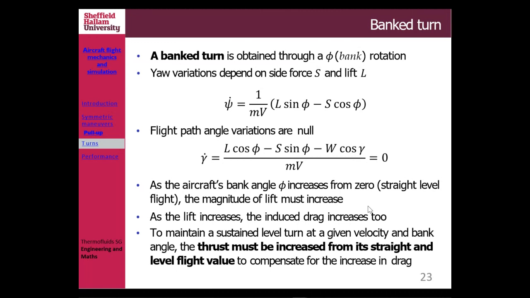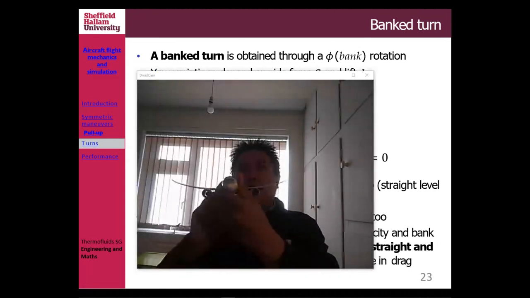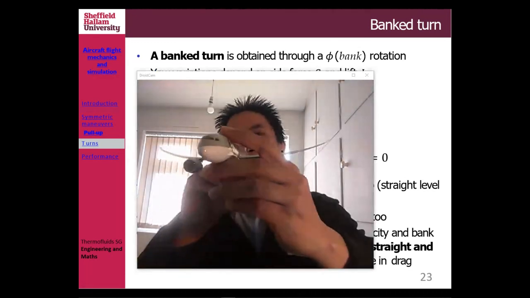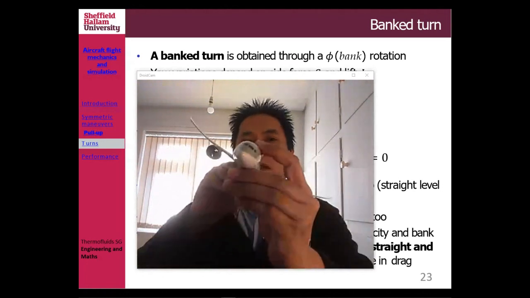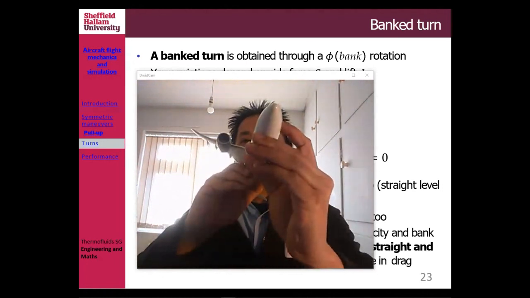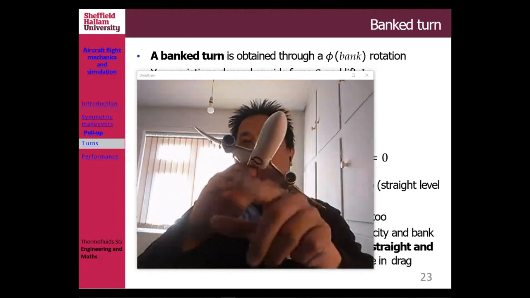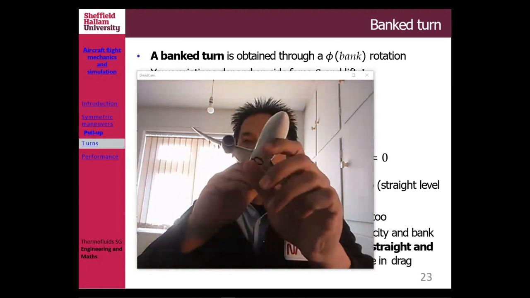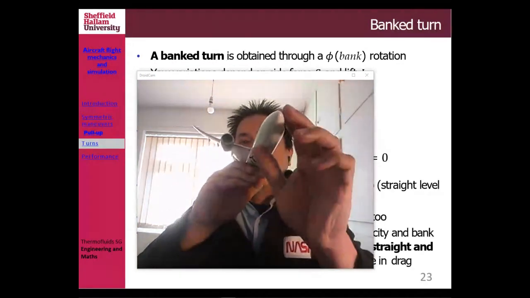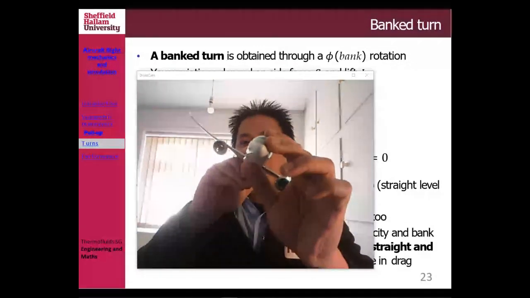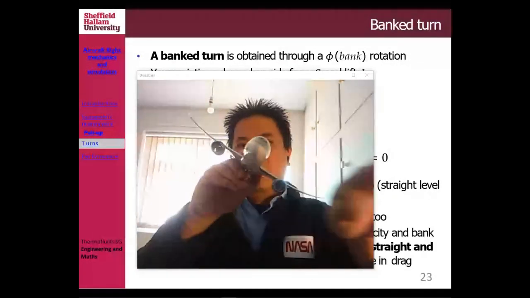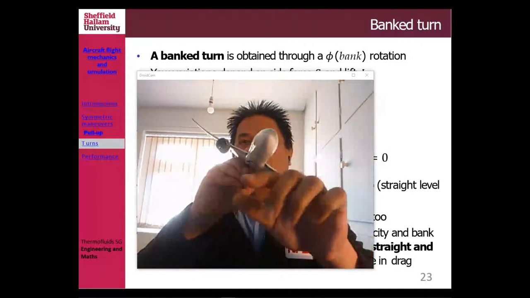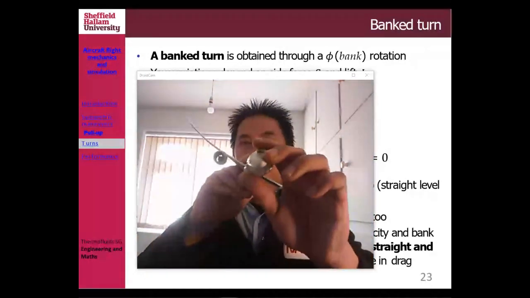Now remember, when we talked about pull up last week, the flight path angle is what happens to your aircraft. If you turn and also pull up like that, then your gamma is not equal to 0. But if you keep your nose down, steady at the same altitude, then your gamma is going to be 0, right?